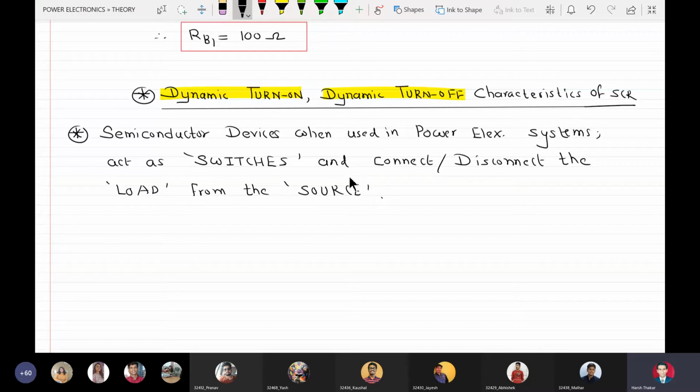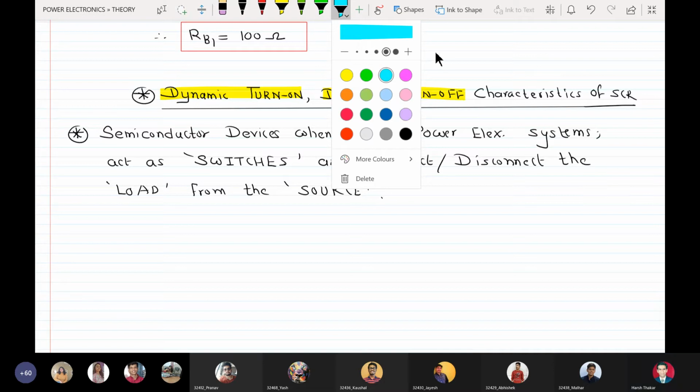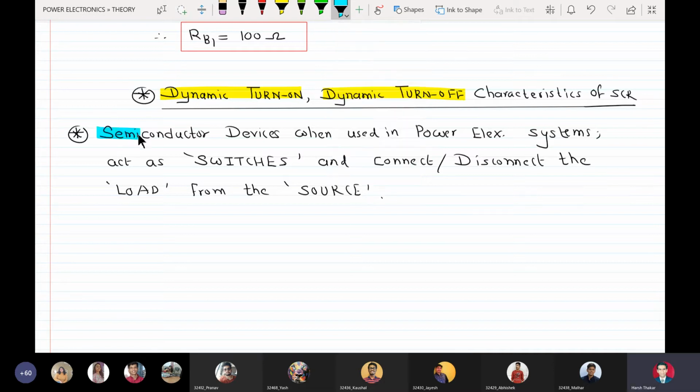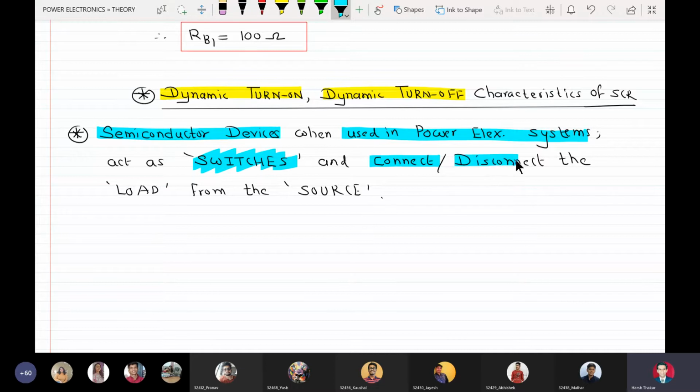Okay, this we have told before and I'm repeating it today, that semiconductor devices when used in power electronic systems act as switches and connect or disconnect the load from the source.